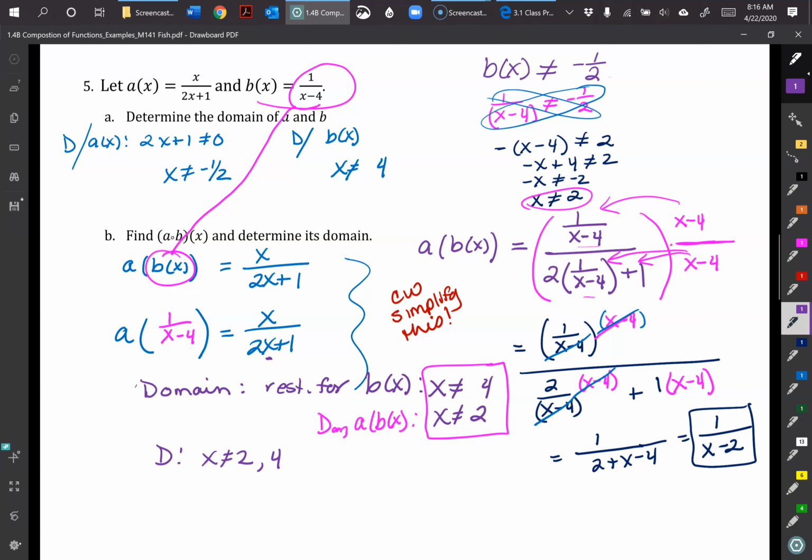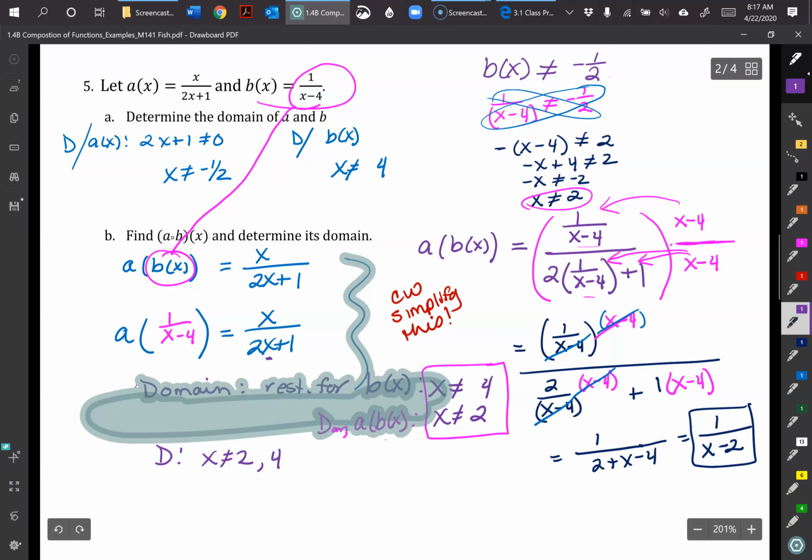And then I don't think we talk about range in this one yet anyway. So that's it for a of b of x. Now I want you to try as classwork the one that I erased there. So I'm going to get rid of this so you can see that again.